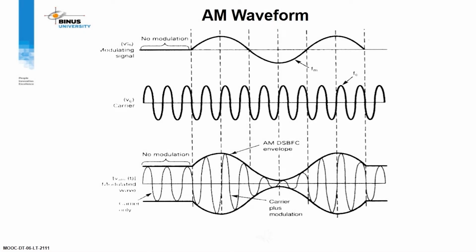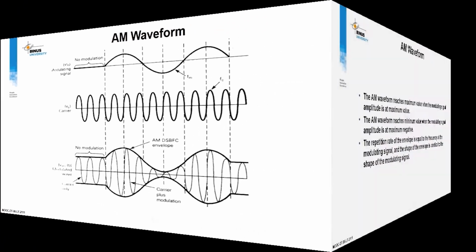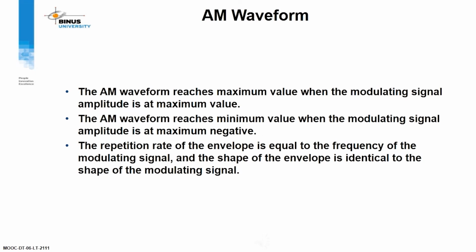AM waveform. This slide shows the process of amplitude modulation. The AM waveform reaches maximum value when the modulating signal amplitude is at maximum value.